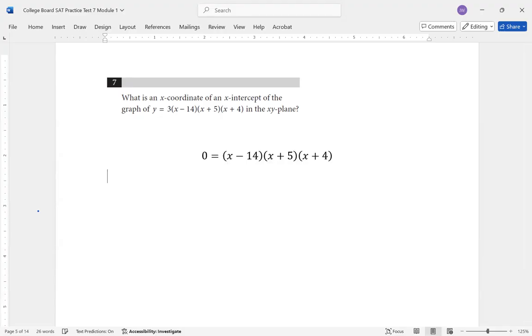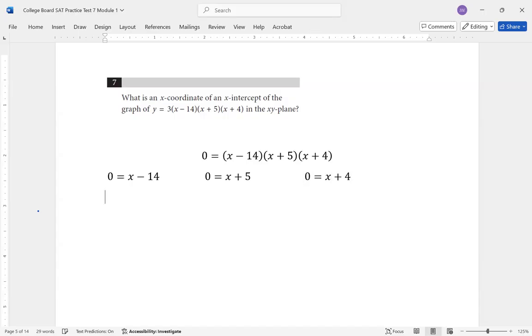And at this point, I could put each individual piece equal to 0. So set each piece equal to 0. Because of the zero factor property, if you have numbers that multiply by each other to give you 0, then one of those numbers has to be 0.